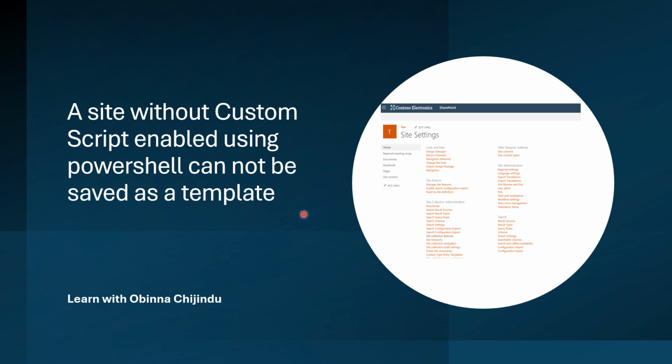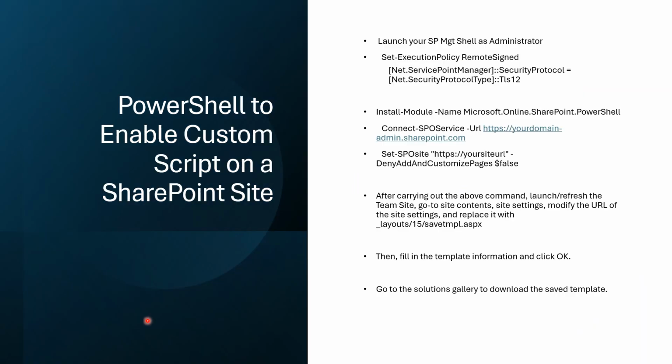Now, this particular one that I'll show you next would basically just show you how to enable it for the site. So these are the steps, and this is the PowerShell to enable custom script on a SharePoint site. So you launch your SharePoint management shell as administrator.